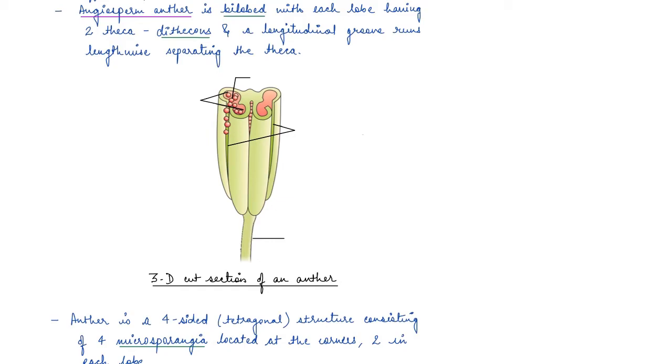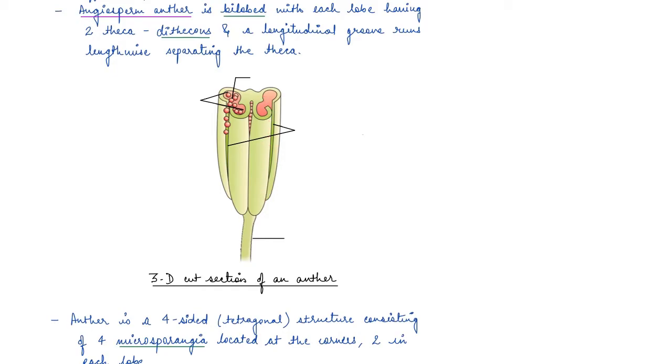So basically each lobe has two theca and that is why it is known as dithecous. Okay, and then there is a longitudinal groove inside. There is a groove that runs lengthwise separating the theca. So there are these grooves which are longitudinal and it separates both the theca.